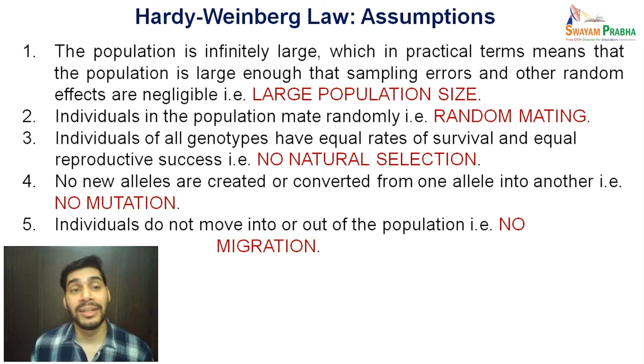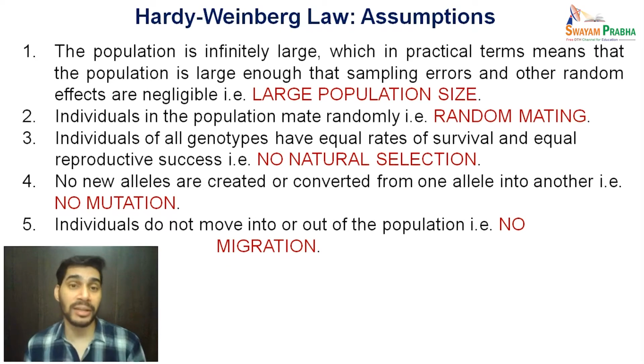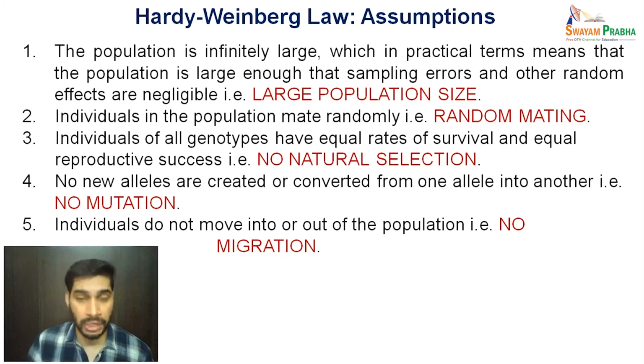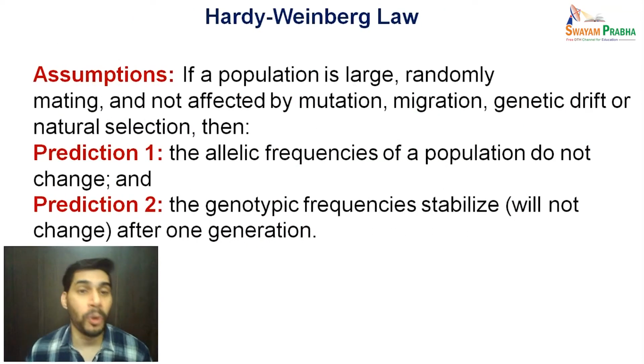These are the major conditions which act as assumptions so that the Hardy-Weinberg law can operate on a particular population. So putting it all together, if a population is large, randomly mating, and not affected by mutation, migration, genetic drift, or natural selection, then two predictions can be made.